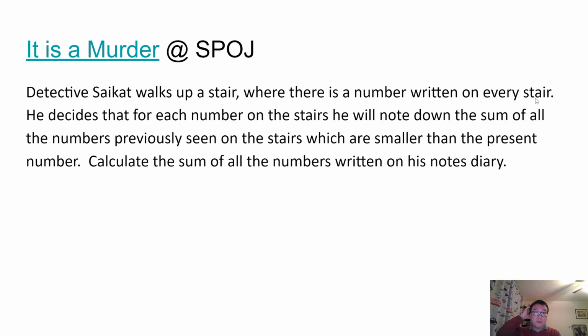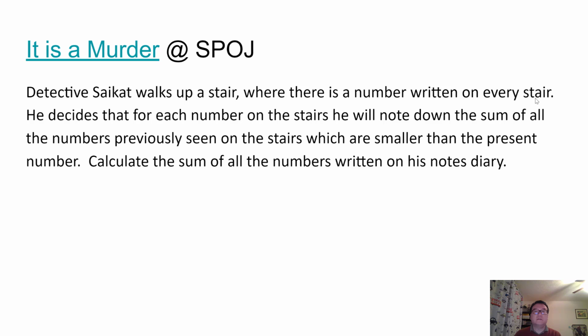Again, every point has two values: the value and the position. We want to know position-wise it's less than this. Assuming we number the stairs from bottom up, from small to large, position-wise is left, and also value-wise is less.